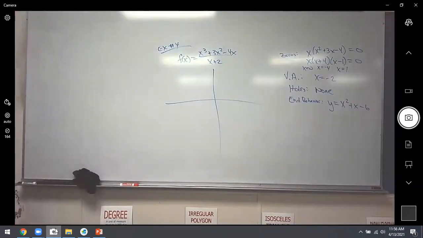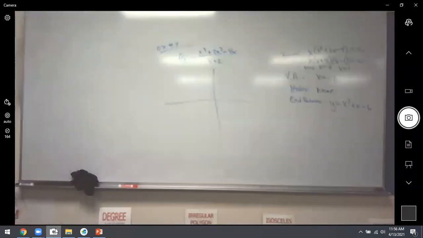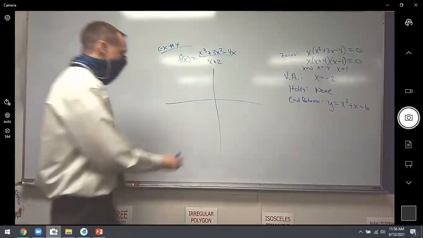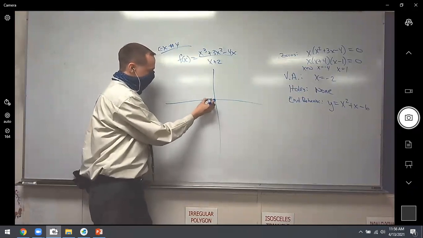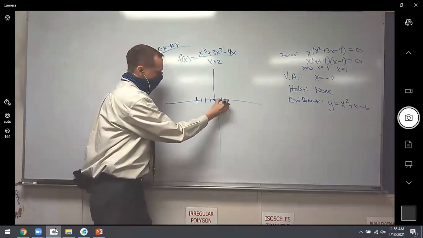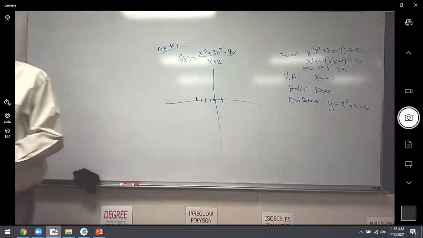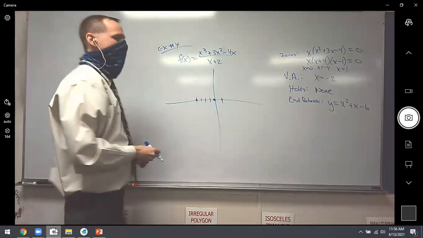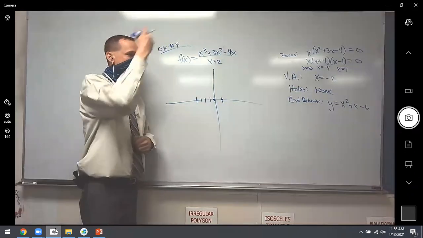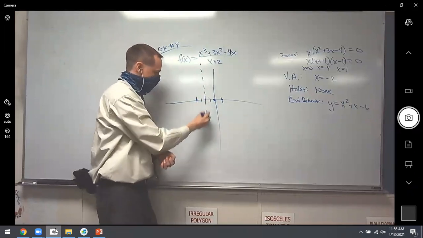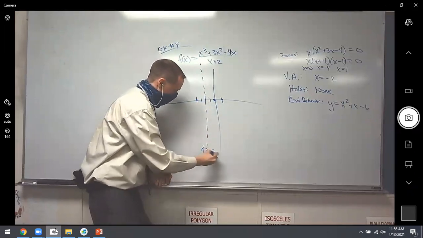Finally, I've got enough to put everything together and probably figure out what this thing kind of looks like. Here we go. We know there's zeros at 0, -4, and 1. So there's 3 spots where this is going to cross the axis. We know it's going to blow up, have a vertical asymptote, at -2. So here's -2.